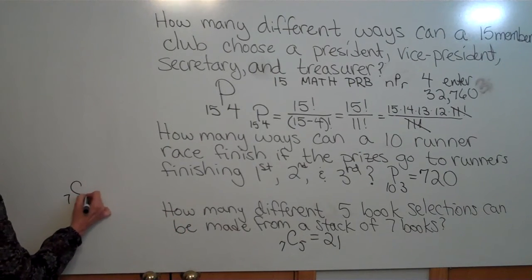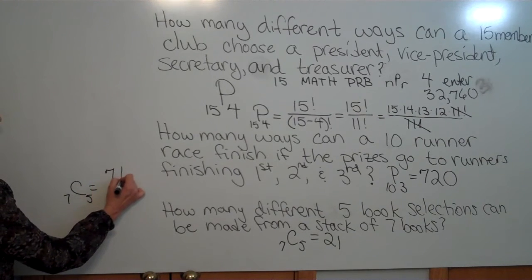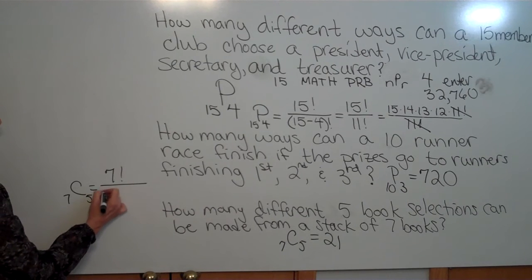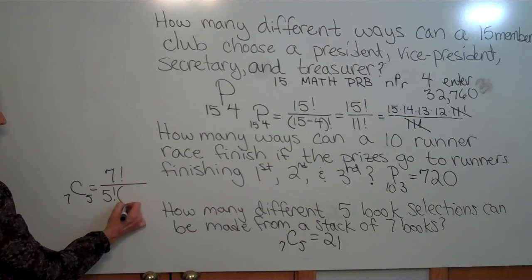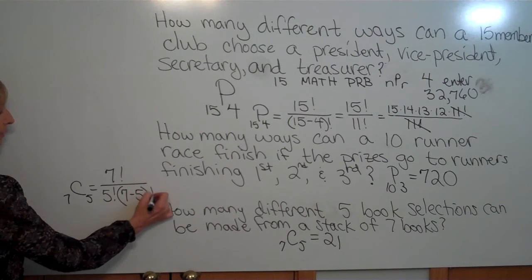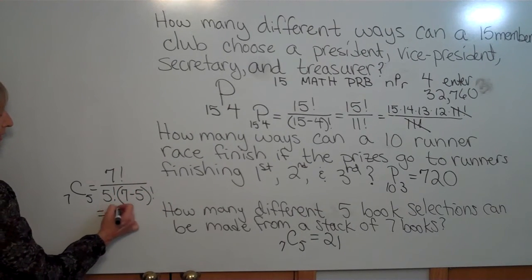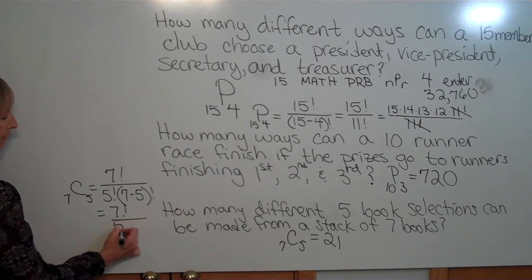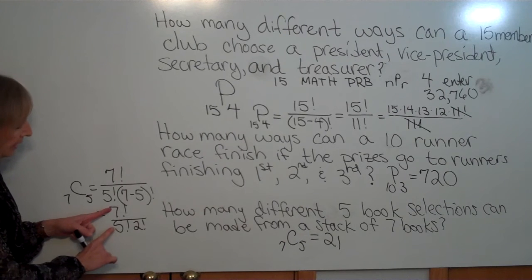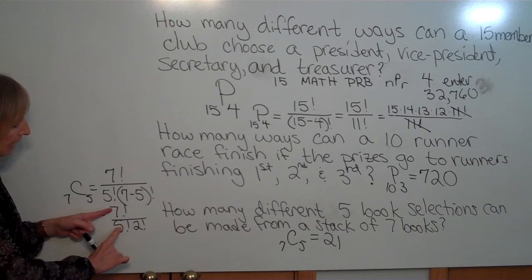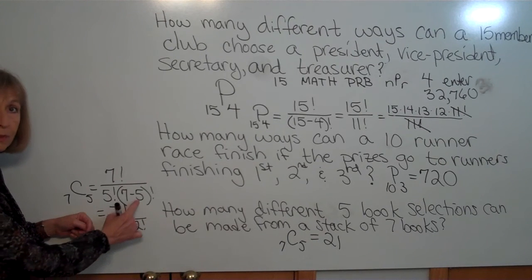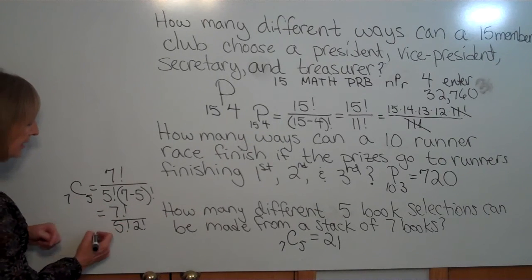Combinations of 7 choose 5 is 7 factorial over, now remember it's r factorial, so 5 factorial times n minus r factorial, so 7 minus 5 factorial. So that gives me 7 factorial over 5 factorial times 2 factorial. Running this 7 factorial down until it hits the largest one, and then the ones that are common factor pairs with the factorial notation you want to expand out.